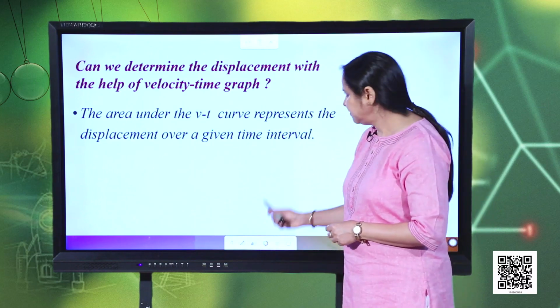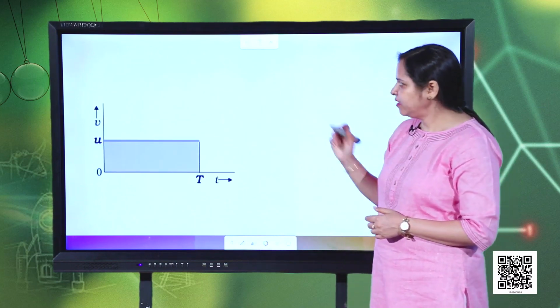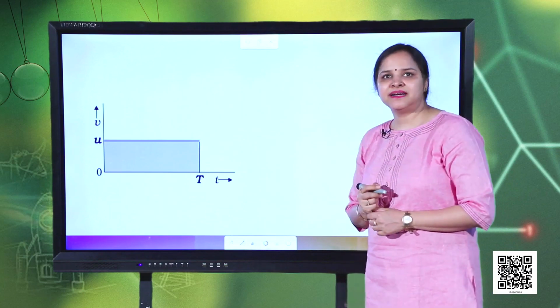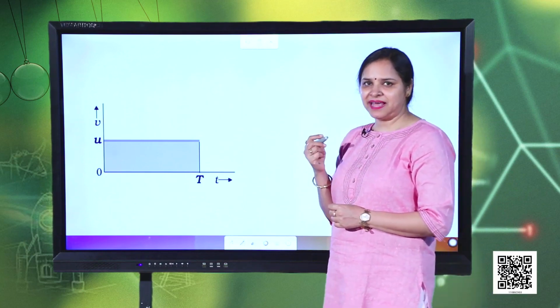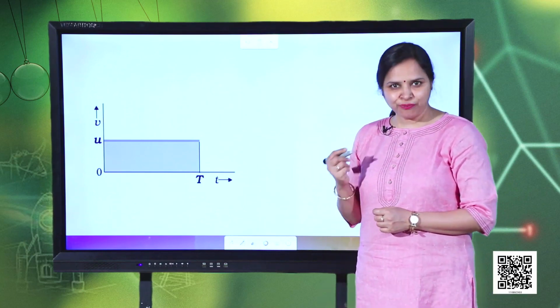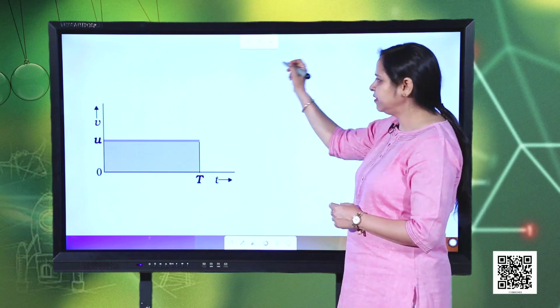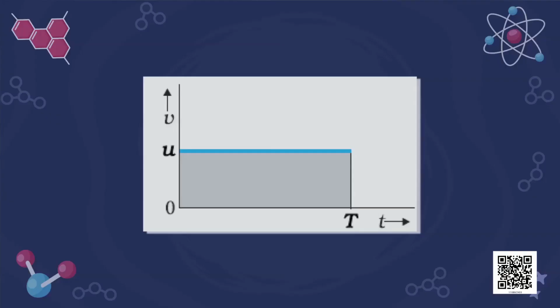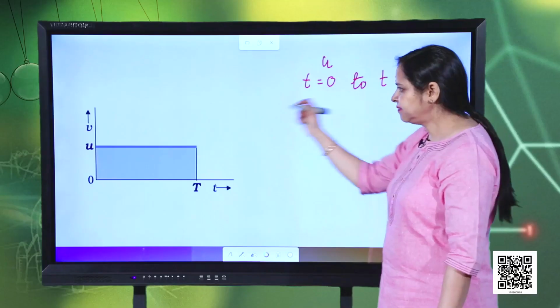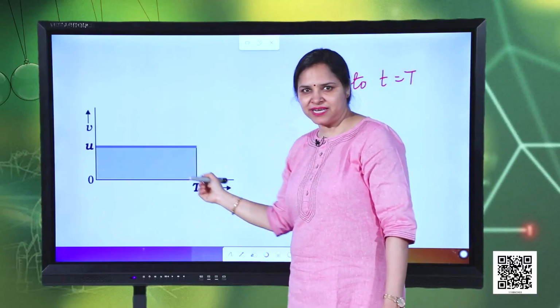For this, I consider a simple example wherein a particle is executing uniform motion, that is, it is moving with a uniform velocity u between the time interval of, let us say, t equal to 0 to t equal to t. This is how we plot the velocity-time graph.